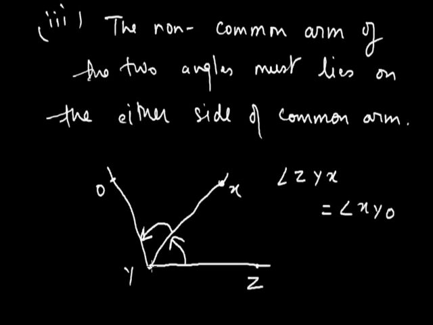They have a common vertex which is Y, they have a common arm which is XY, and the non-common arm for angle ZYX is YZ, and for angle XYO, the non-common arm is YO. They lie on either side, meaning on the opposite sides of the common arm. So angle ZYX and angle XYO are adjacent angles.